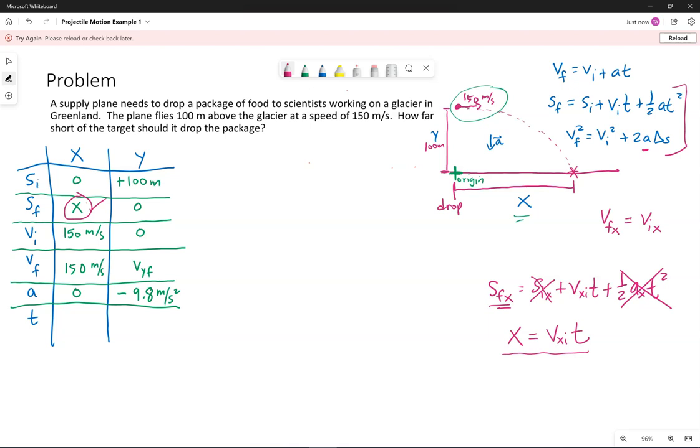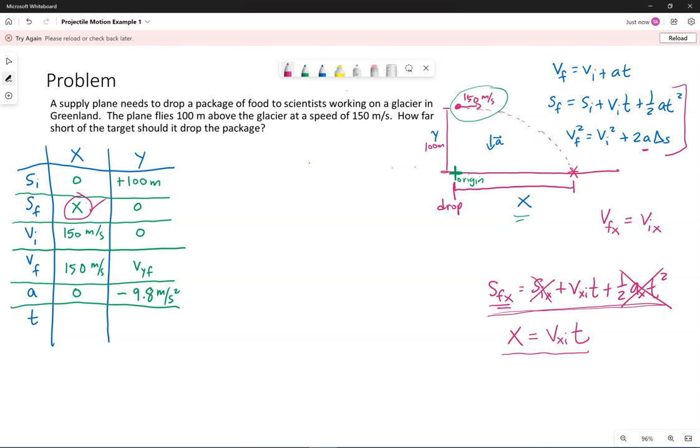This is a nice, easy equation if we have the numbers to plug in. So in the x direction, this middle equation is the one that is helpful because the other two equations with that 0 acceleration show us that the initial x velocity has to equal the final x velocity.